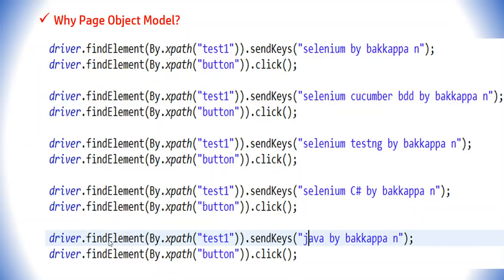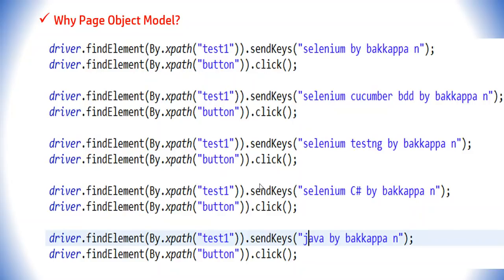If you look at this driver.findElement, it has only a single XPath, the test1 value. At a later point, if any change is made on the development side in the HTML, just assume the XPath we wrote has changed. Then you need to walk through all these codes.